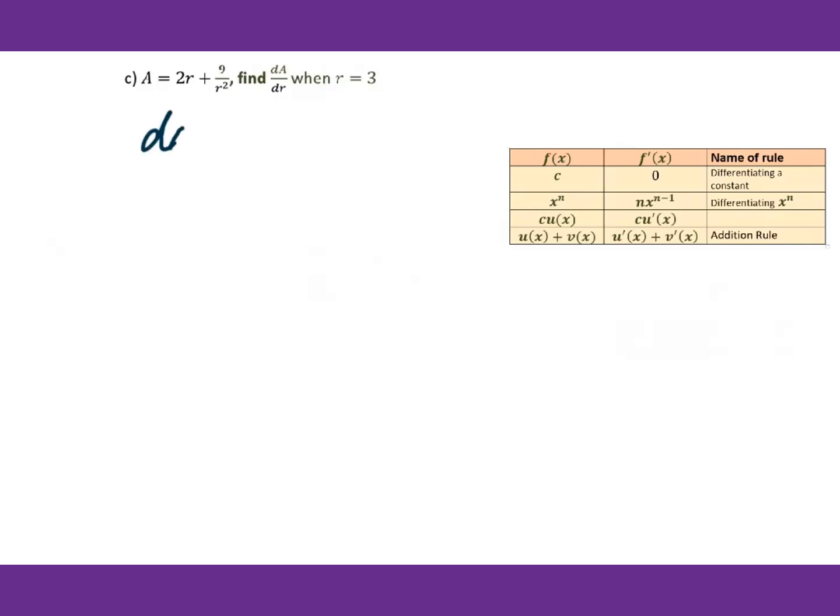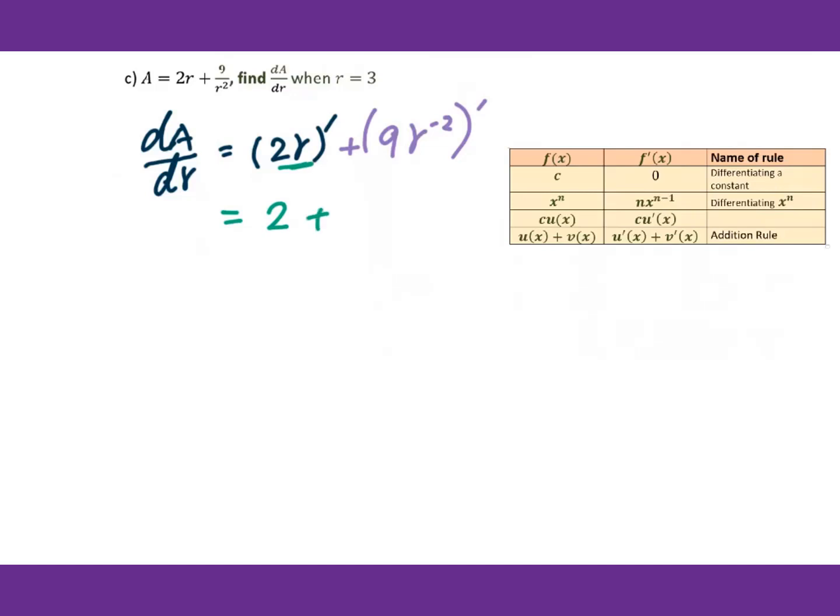We want to get dA by dr. So you will get the 2r, we do the derivative, plus 9r to the negative second power. Remember, change every term into power form. So you get the 2, because this is a linear function.